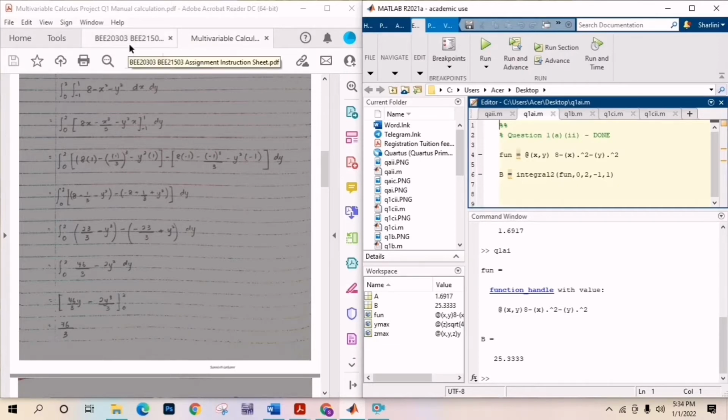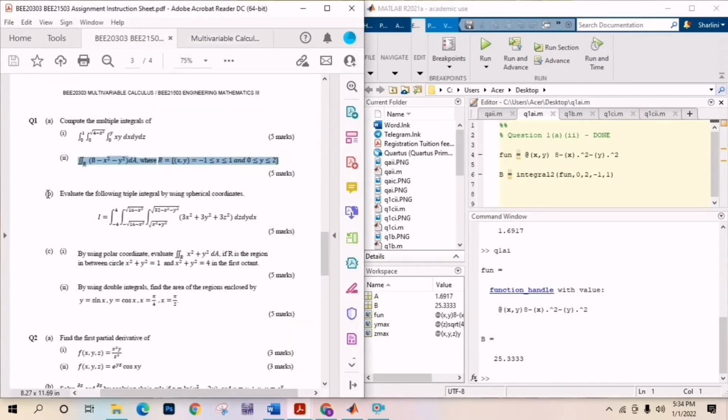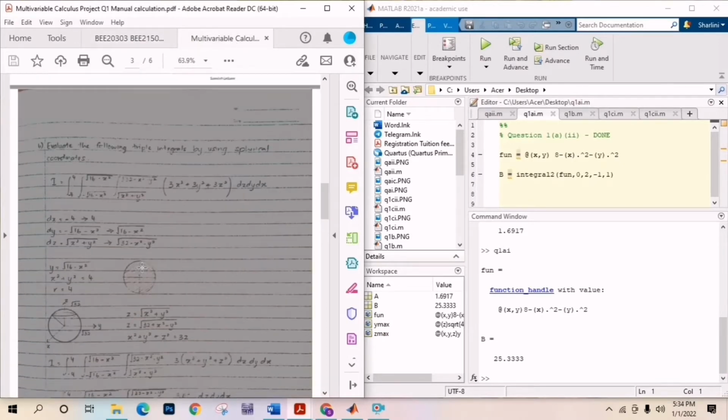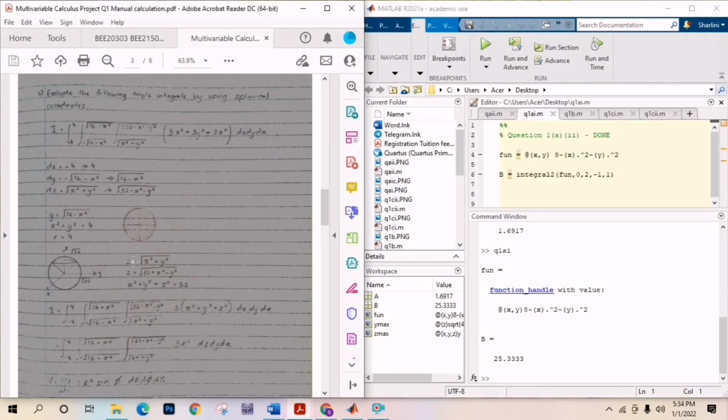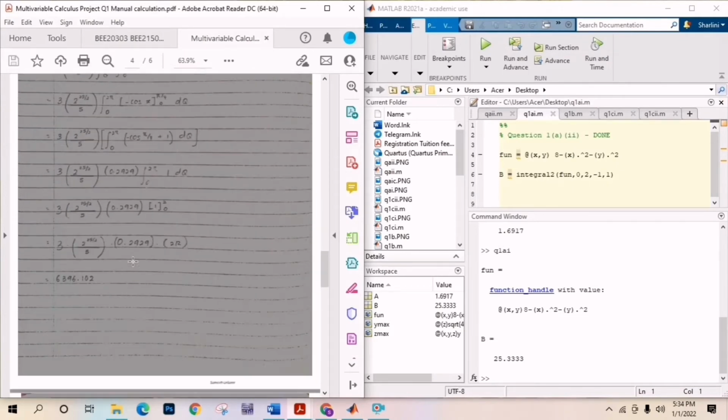Next, B. Question 1B is to evaluate the following triple integral by using spherical coordinates. This is my manual calculation for question 1B. The last answer I get is 6396.102.